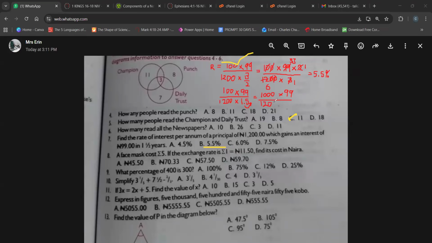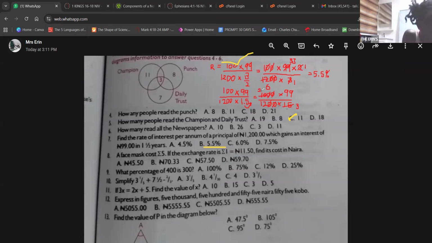1,200 times 15. Okay, so well done. You can see how it looks now. Let's even do it. This cancels this, right? What else? 5 in 15 is 3. 5 in 10 is 2.